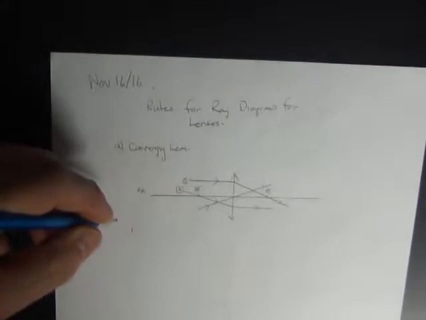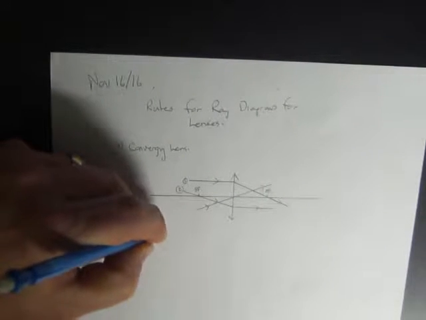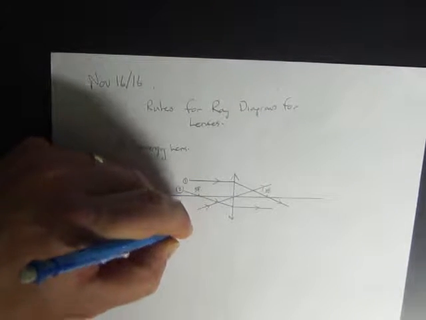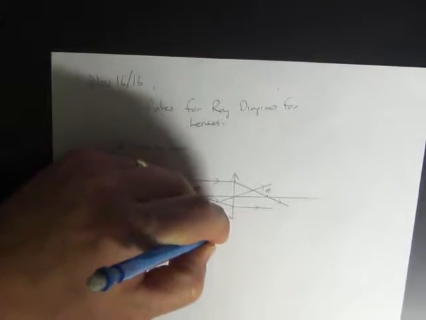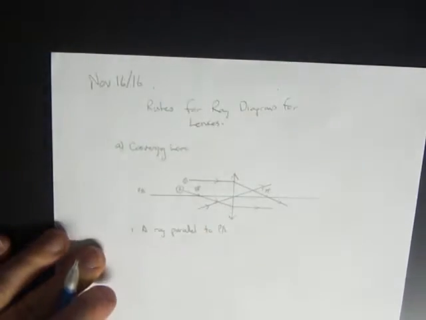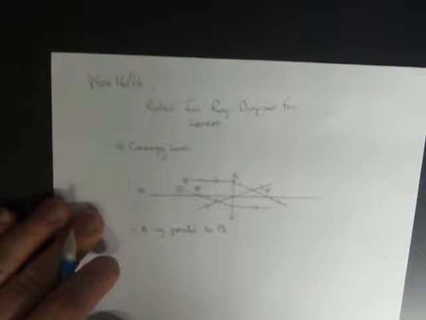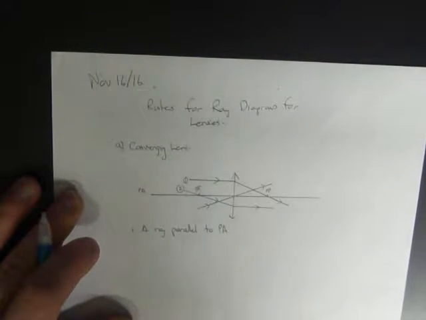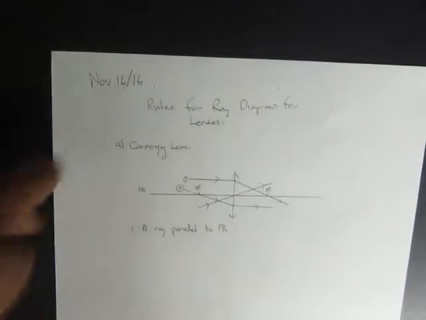Rule number 1, a ray parallel to PA. That sounds like a rhyme. A ray parallel to PA. No, we're not rhyming. Pat, that's not your thing.